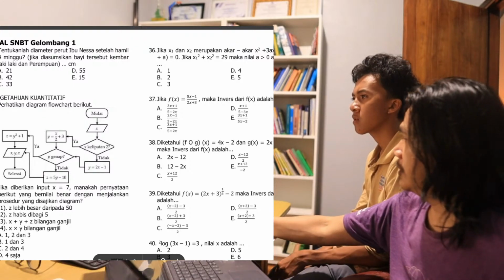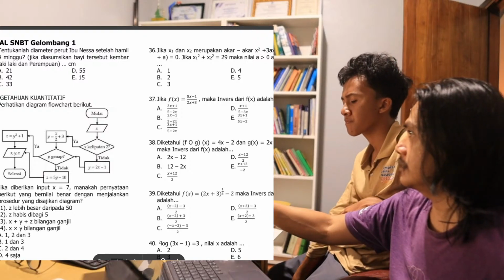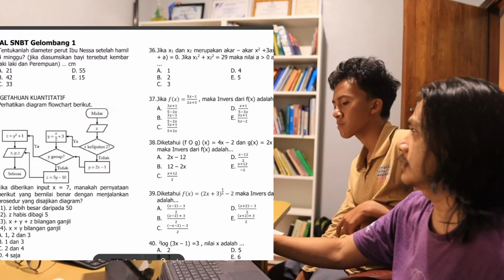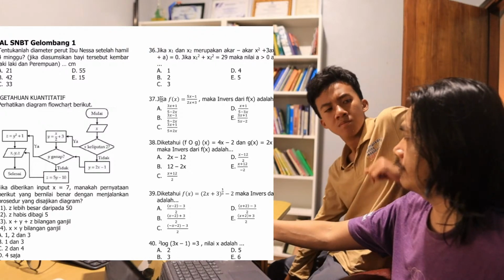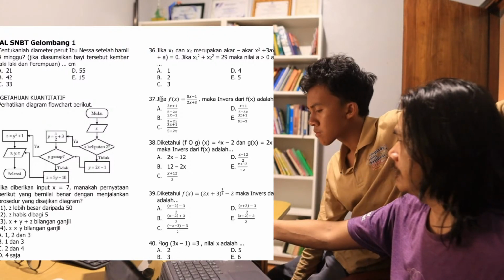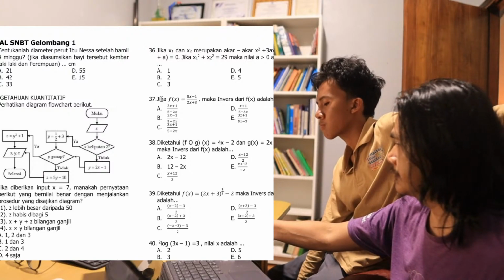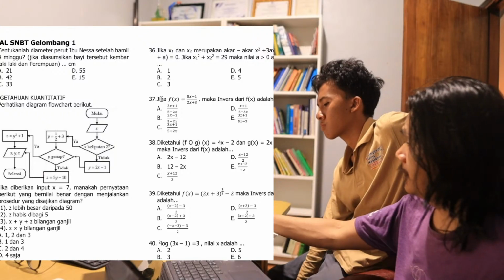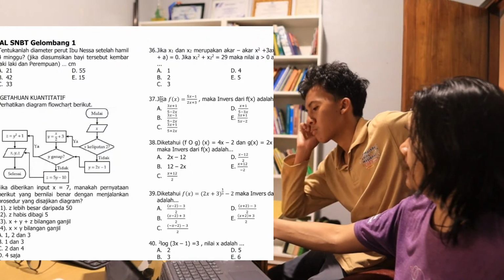So let's say that f of x is equal to y. So we have y is equal to (5x minus 1) over (2x plus 3). Now we want to isolate the x.